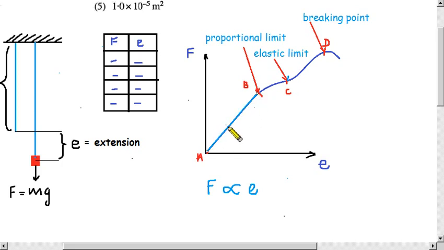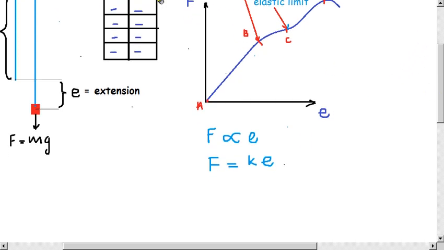Therefore, the mathematical relationship for such a shape is directly proportional: F is directly proportional to e. So we can write that F equals ke. This is what we call Hooke's law.